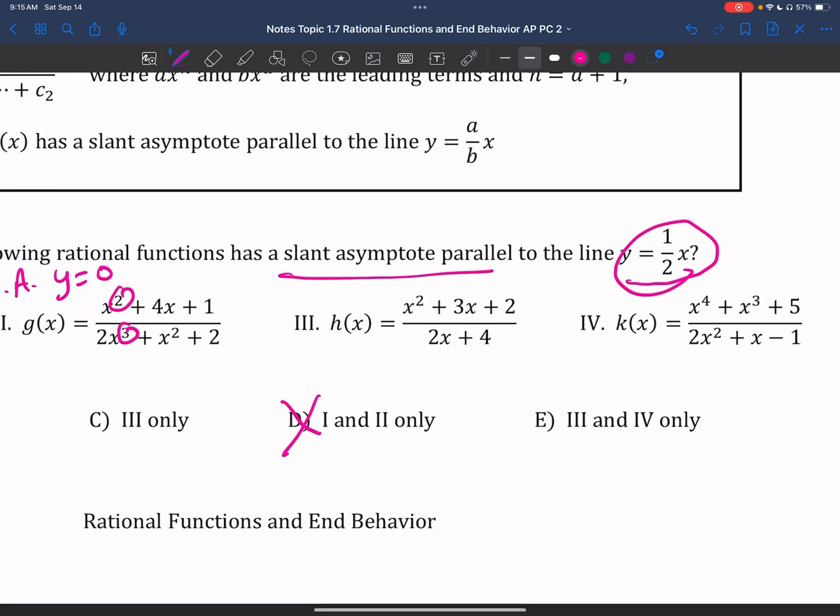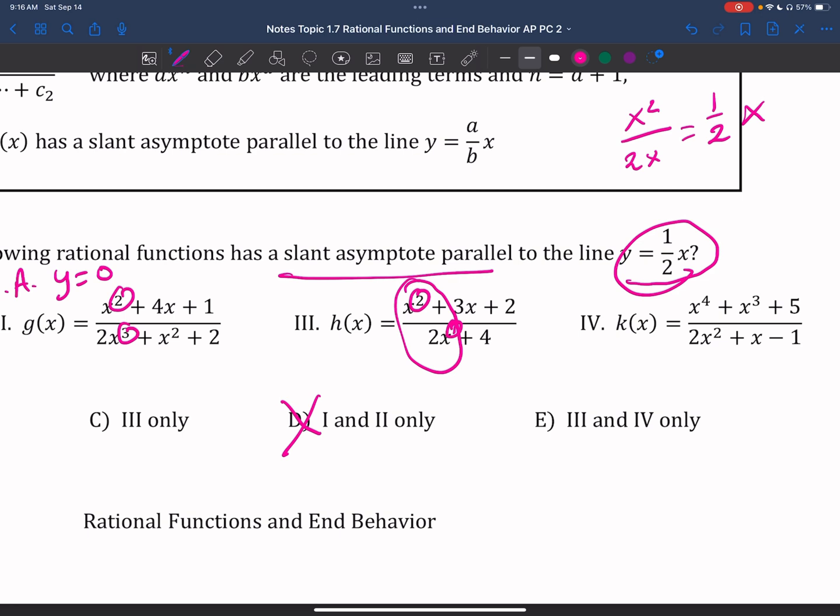For the third equation, I have a degree of 2 in the numerator, degree of 1 in the denominator. So I know I do not have a horizontal asymptote, so I'm going to look at the leading terms and divide them by each other, which is x squared over 2x. When I simplify that, that does simplify to 1/2 x.